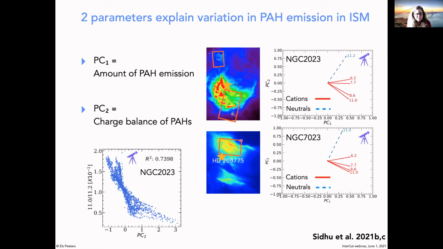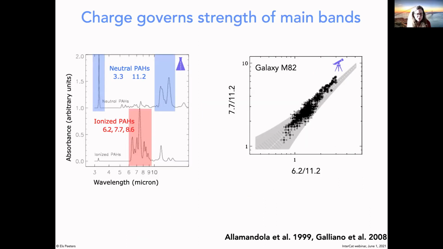And in hindsight, the fact that that's the second component is really not that surprising, because we know from early on, from laboratory data of neutral and ionic PAHs, that the neutral PAHs have quite a distinct spectrum from the ionic PAHs. The neutral PAHs have very strong emission around 3 micron and 11 micron, while the ionized PAHs have a strong emission between 6 and 9 micron.